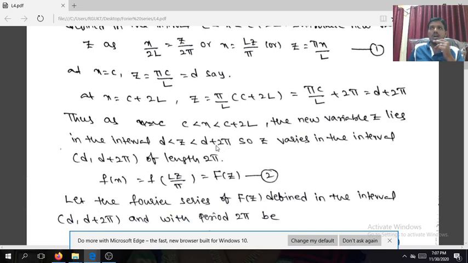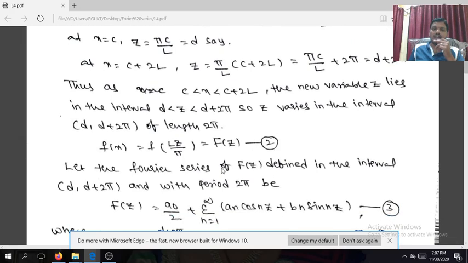So you know how you are going to write the Fourier series expansion of a given function which is defined in 0 comma 2 pi or some d comma d plus 2 pi having the period 2 pi, right? You know that.